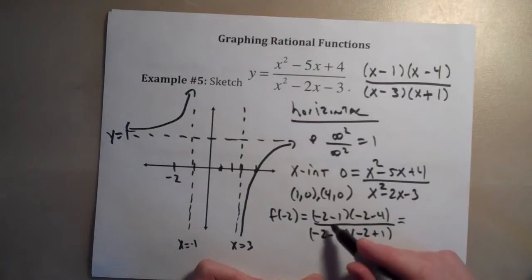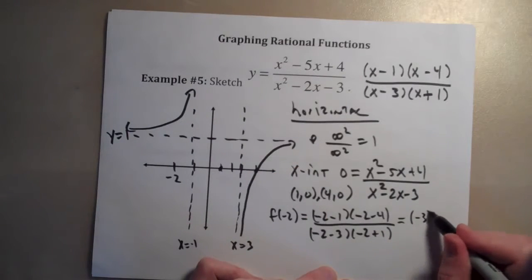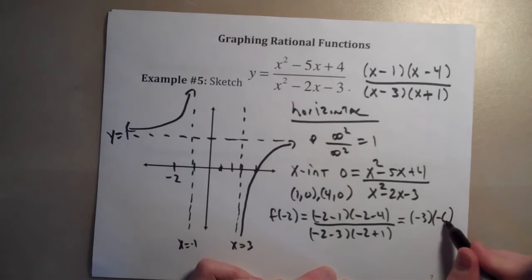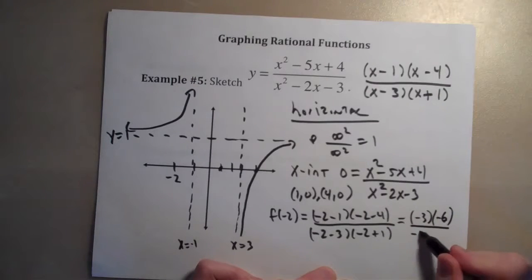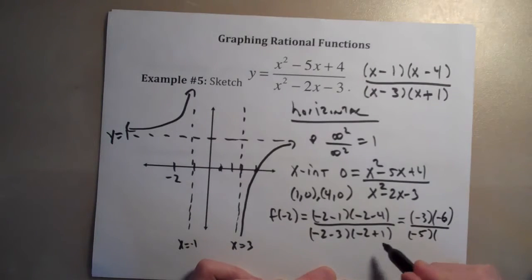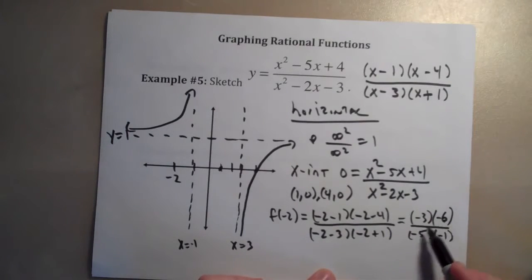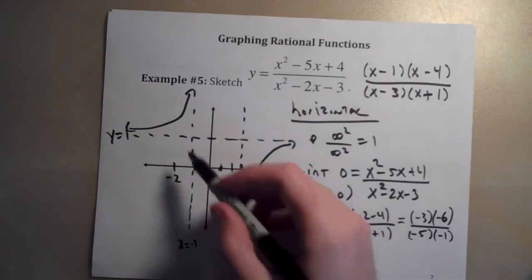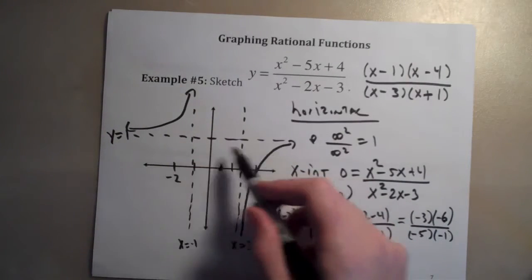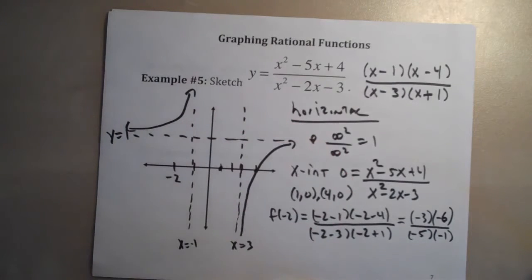So let's find it out. So this is going to be a positive number, and it's 18/5. So it's 3 something, which is totally above the line y = 1. So that sort of makes sense.